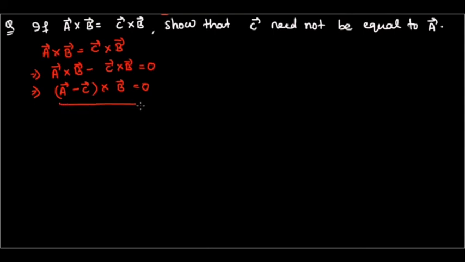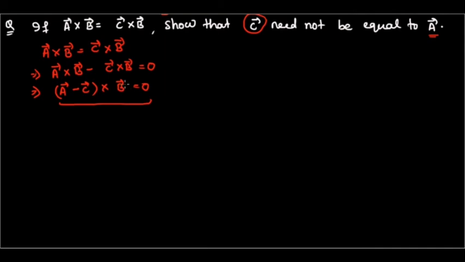So we get this type of equation, and there are many conditions under which this equation will be satisfied, but you have to prove that in order to satisfy this equation, C vector need not necessarily be equal to A vector. Means this is not the compulsory condition to satisfy this equation. I'll show you that under three different conditions I can get this type of situation.